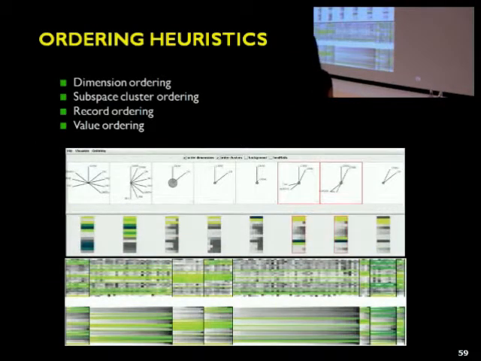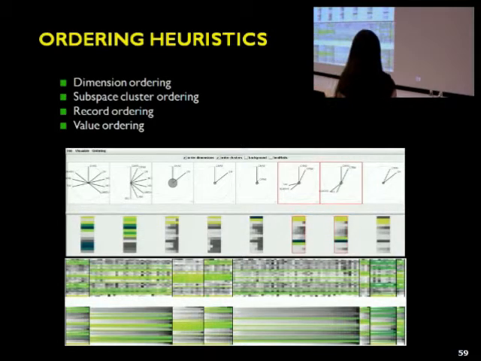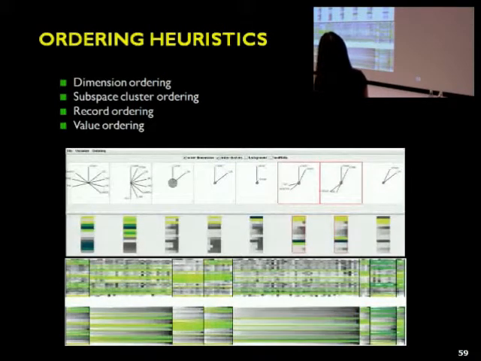Also, as many of the speakers mentioned, it's important to have different sorting or filtering mechanisms to help people make sense out of the data. So we designed a number of ordering heuristics, including dimension ordering, subspace clustering ordering, record ordering, and value ordering. For time reasons, I'm not going to discuss all of this in detail. However, here we can see the value ordering result of this one.